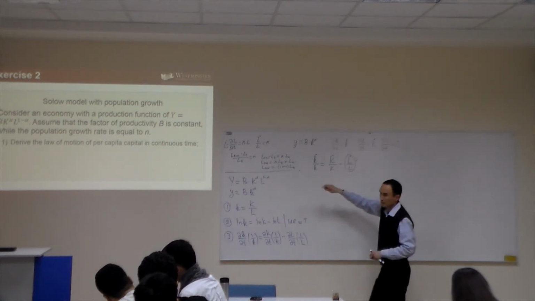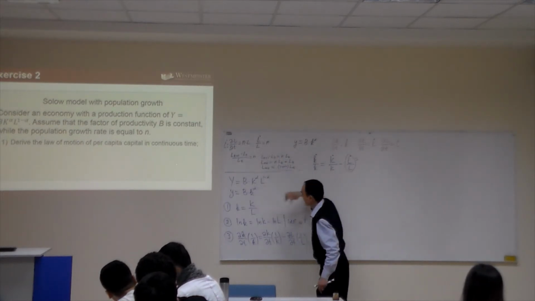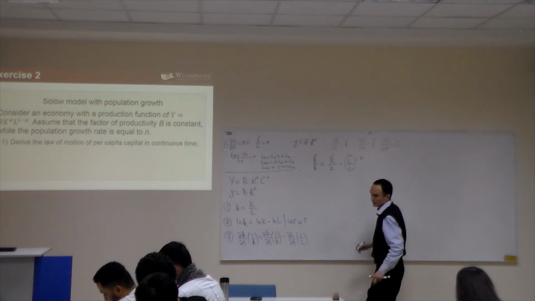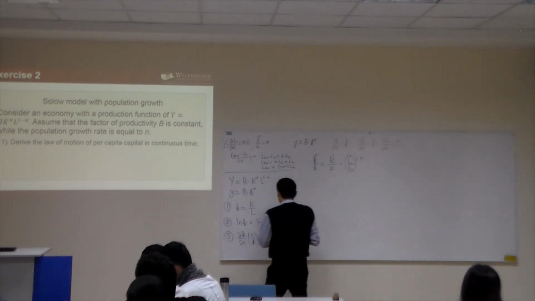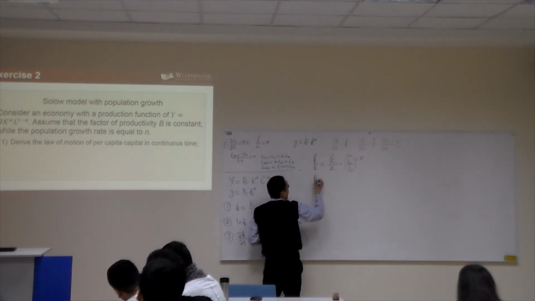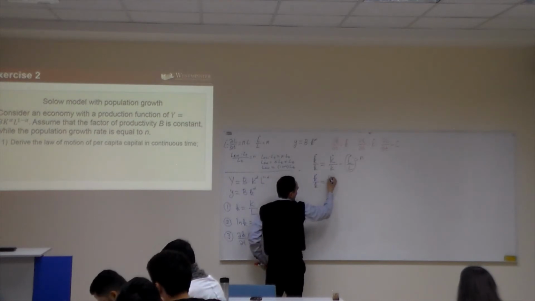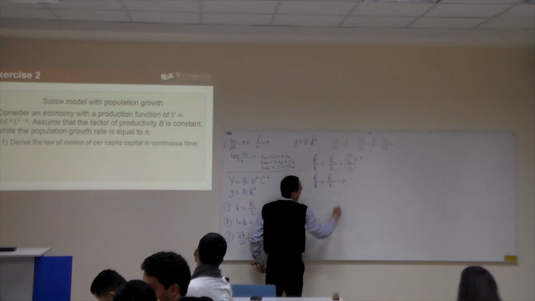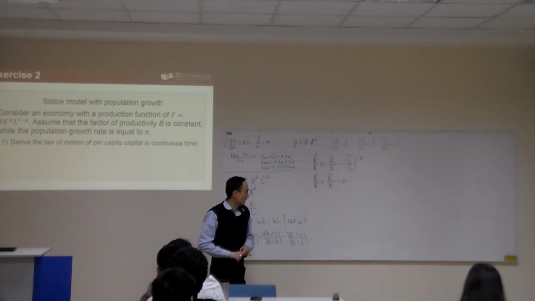It is equal to the growth rate of population, n, which is given for us. So now you can write that the change in per capita capital over per capita capital is equal to the change in capital stock over capital stock minus the growth rate of population.